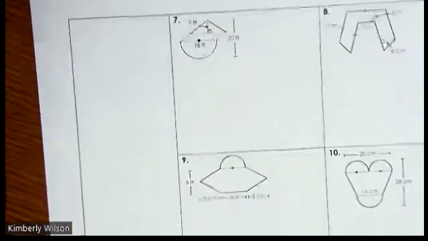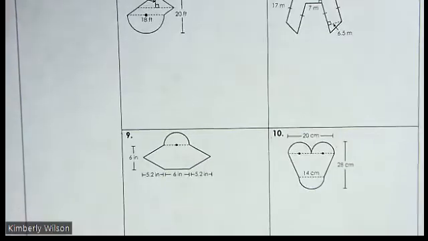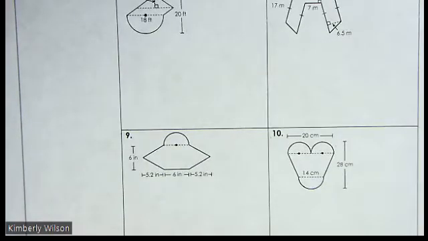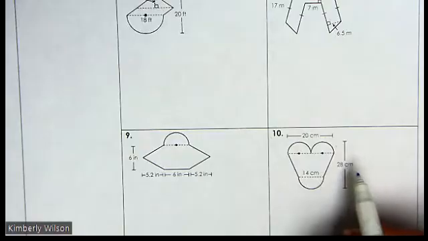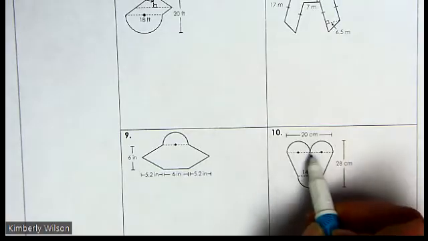All right, flipping over. We're going to look at number 10. I picked number 10 because we've got several shapes here. Now, when I'm looking at this, the 20 is all the way across, okay?